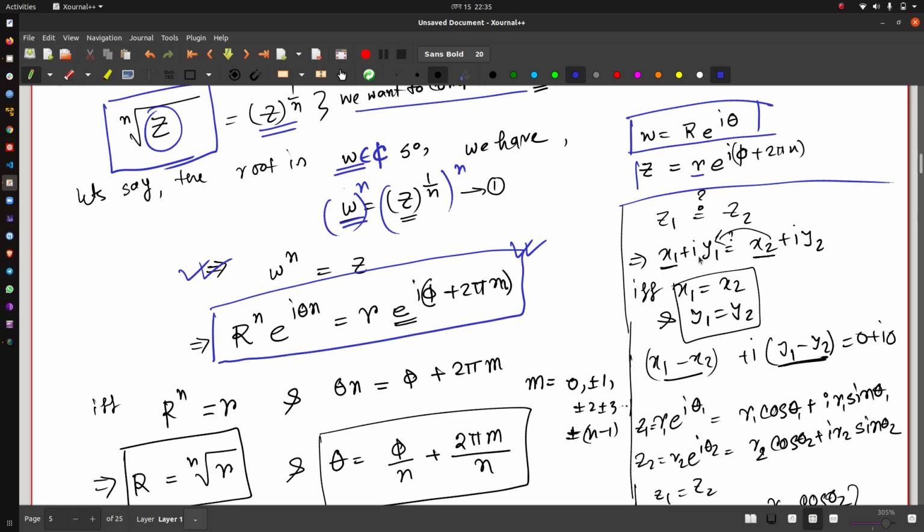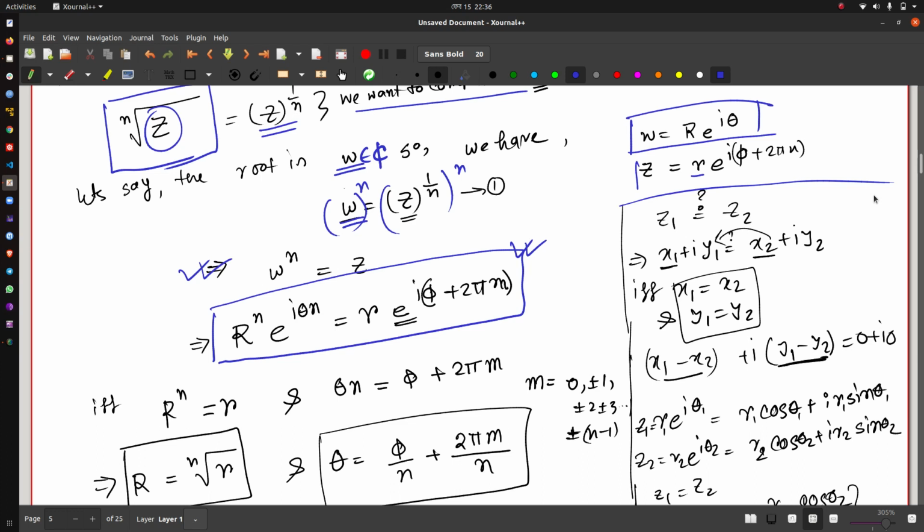If you consider the Cartesian form x1 plus i y1 and you write z2 as x2 plus i y2, they are equal if and only if x1 equals x2 and y1 equals y2. That means two complex numbers are only equal to each other if the real parts and the imaginary parts of those numbers are separately equal to each other.